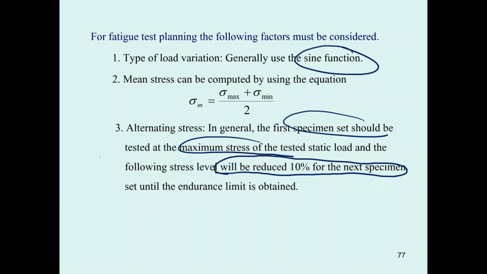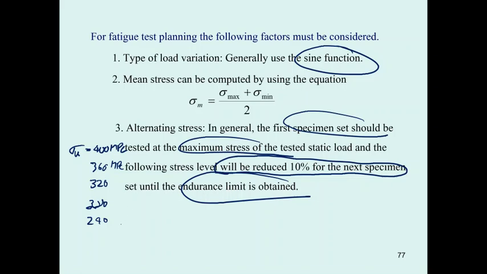Let's say you have a specimen with an ultimate stress sigma sub u of 400 megapascal; we may start at 360, then the next at 320, then 280, 240, something like this, by 10% until you get to the endurance limit, which is usually about half of the ultimate. That means you're going to test 1, 2, 3, 4, 5, and 6 sets, and each set could contain about 3 to 5 specimens. If it's 5, you're going to test 30. If it's 3, you're going to test 18.